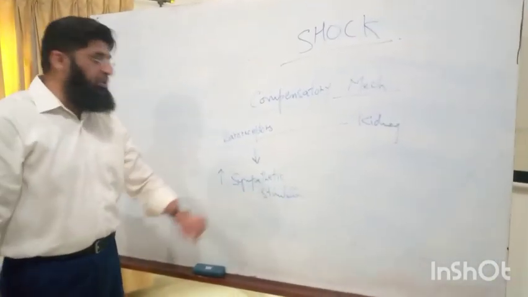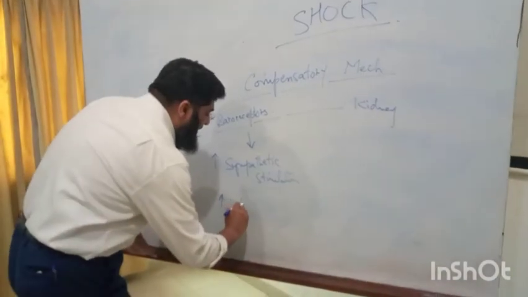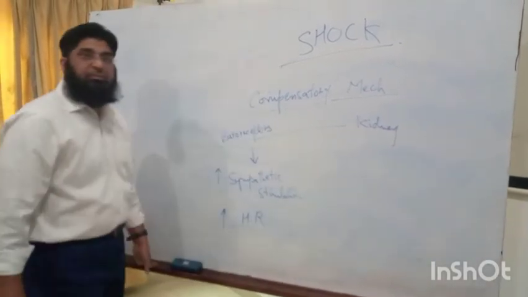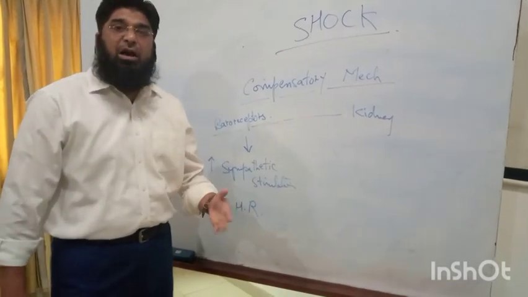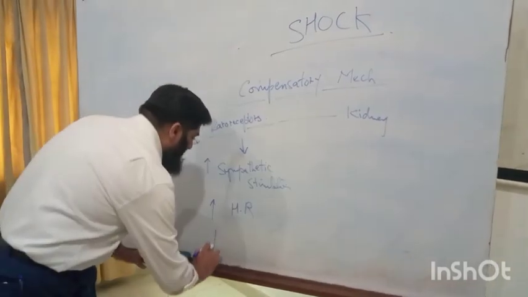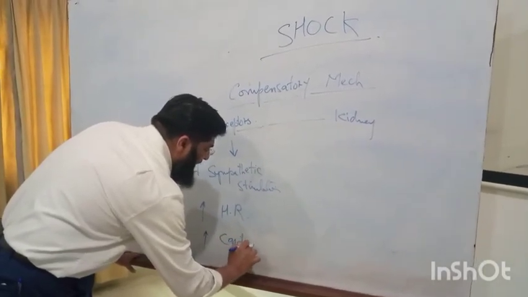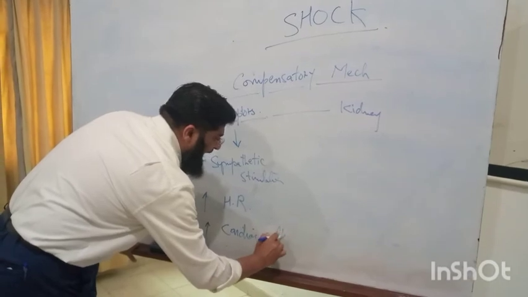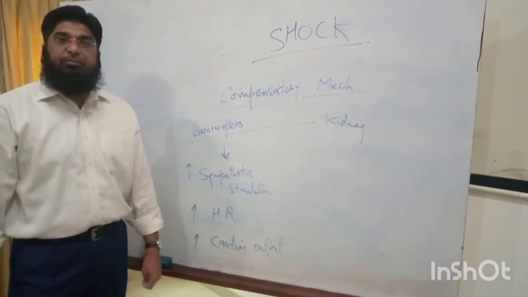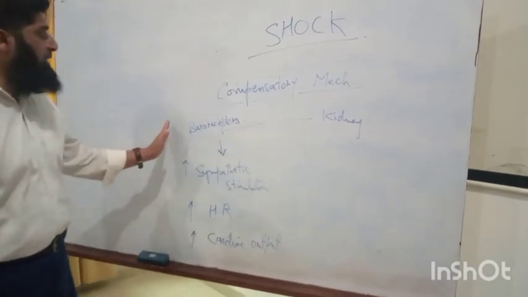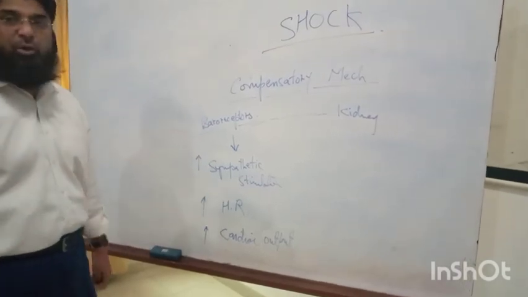As a result of this sympathetic stimulation, there is increased heart rate, which later on increases the cardiac output, and as a result, blood pressure is elevated. Okay, this was the first mechanism occurring at the baroreceptor and sympathetic stimulation level.